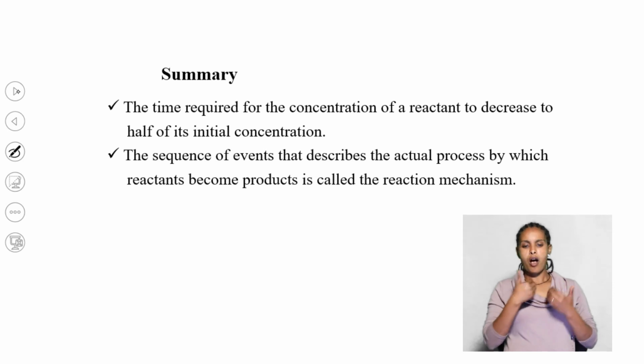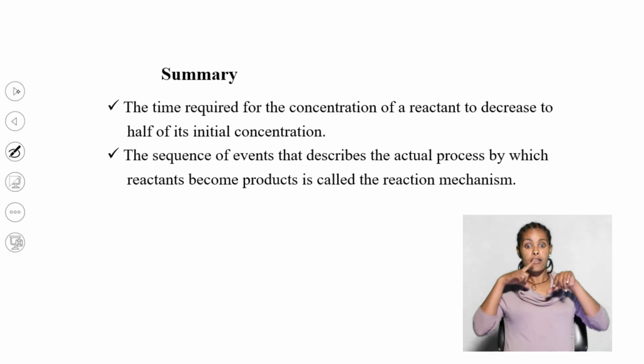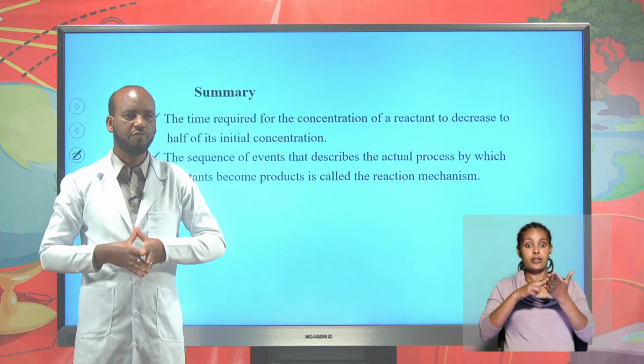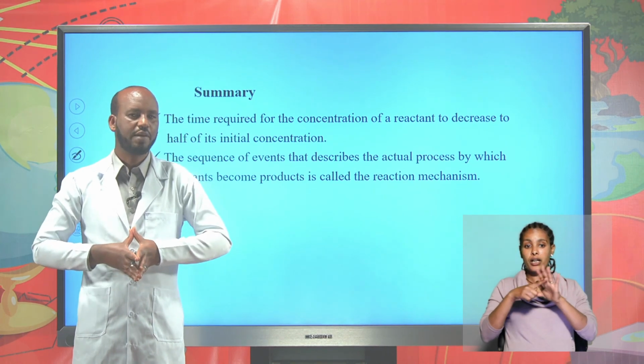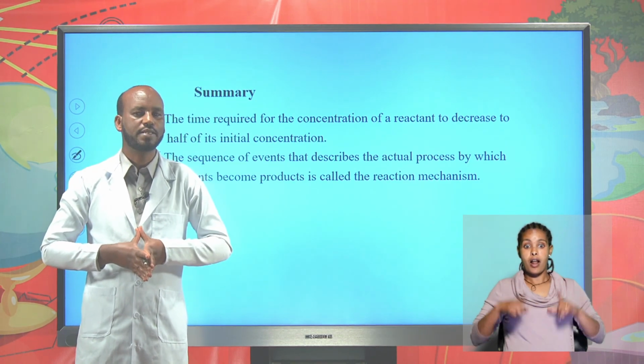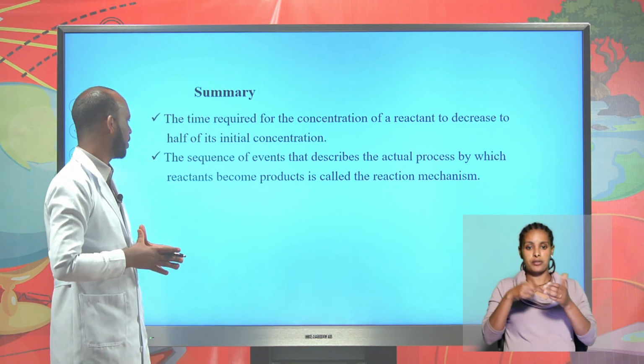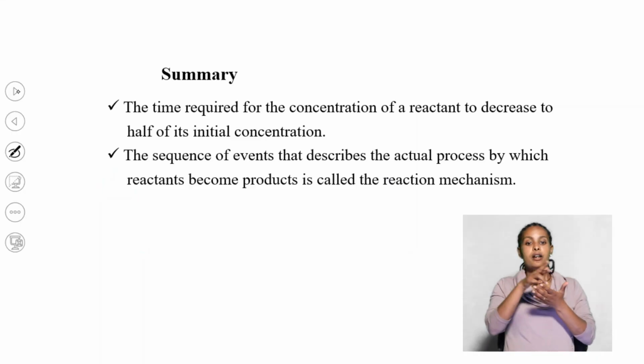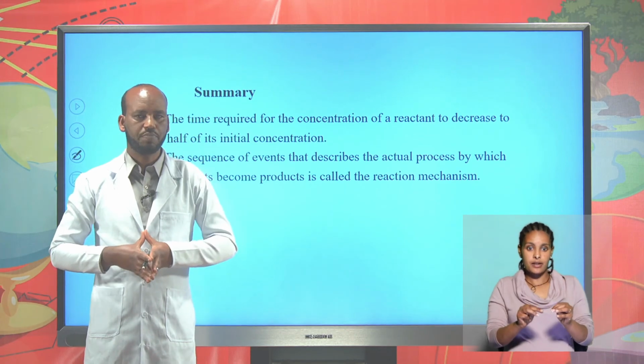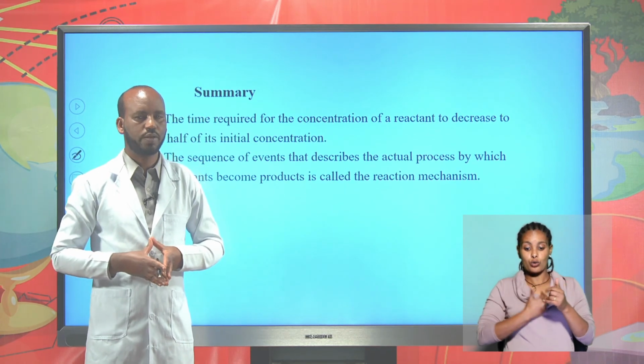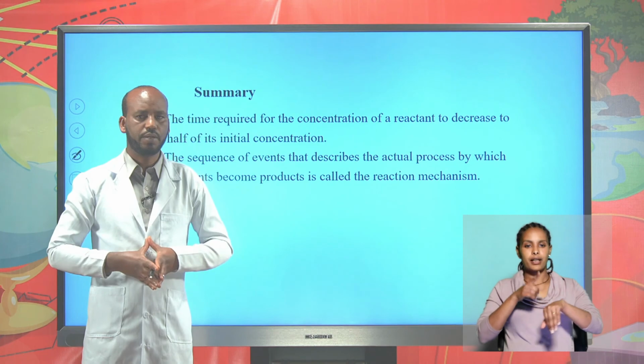We have seen half-lifetime for zero-order reaction, first-order reaction, and second-order reaction. We discussed reaction mechanism, the sequence of events that describe the actual process by which reactants become product is called a reaction mechanism. This brings us to the end of our today's lesson. Until next time, goodbye.